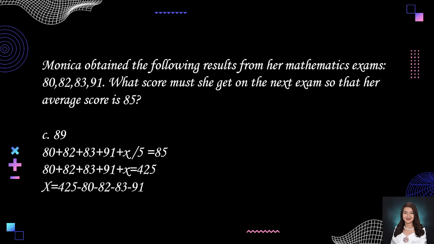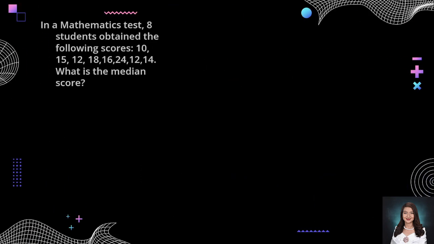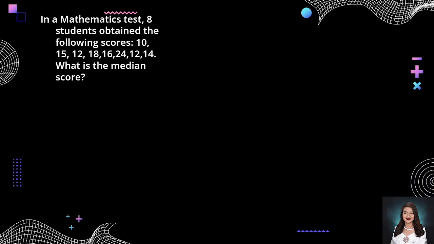And we have now X is equal to 425 minus 80, minus 82, minus 83, and minus 91, and we get 89.